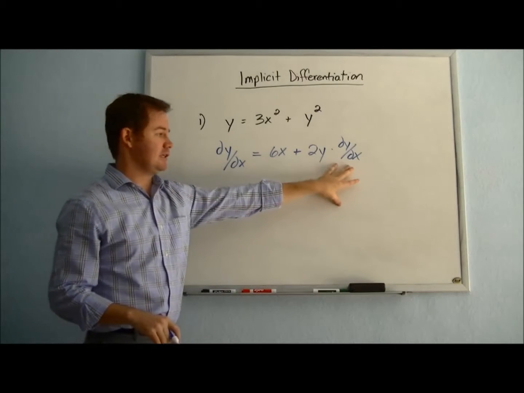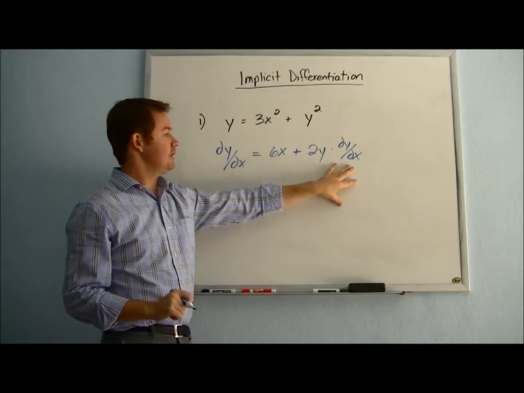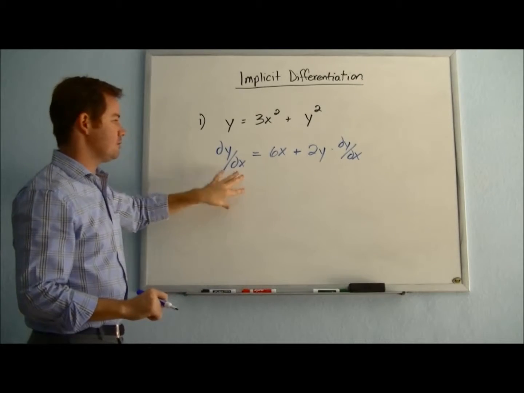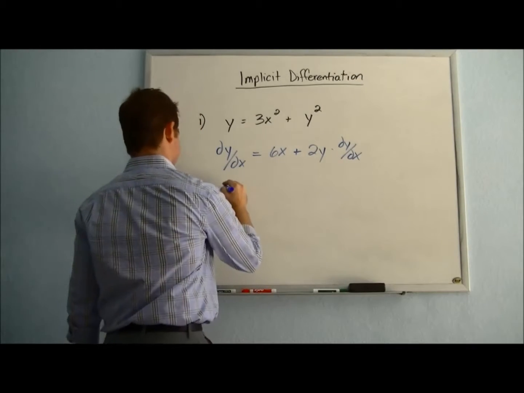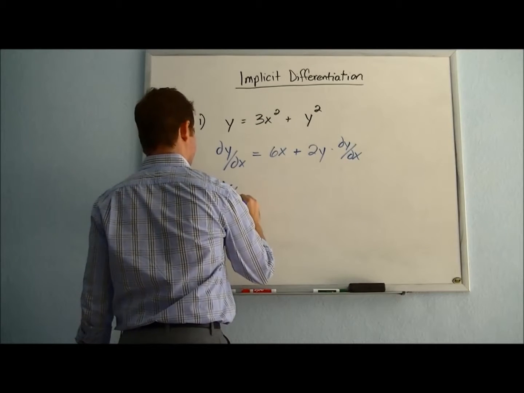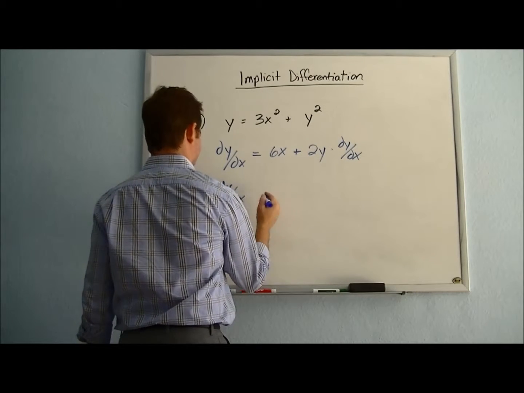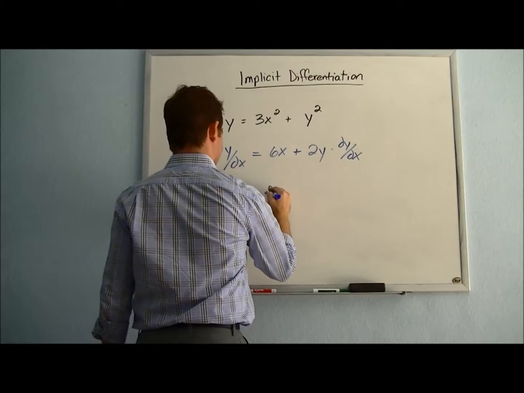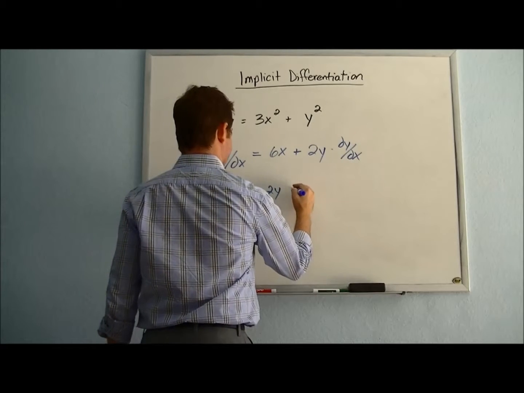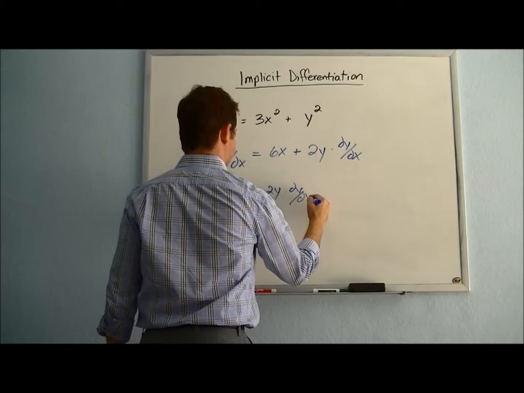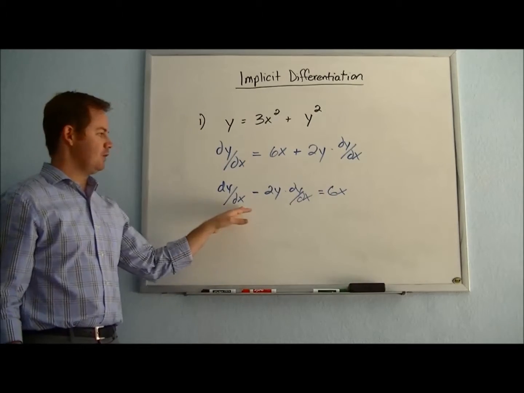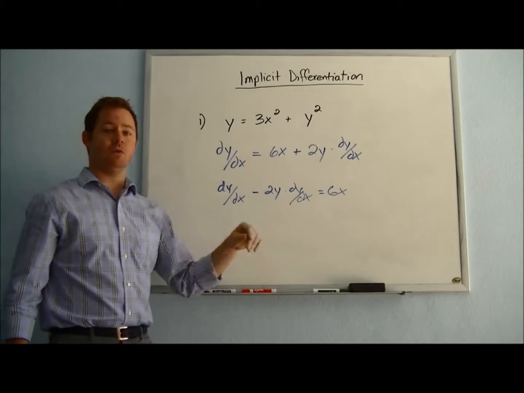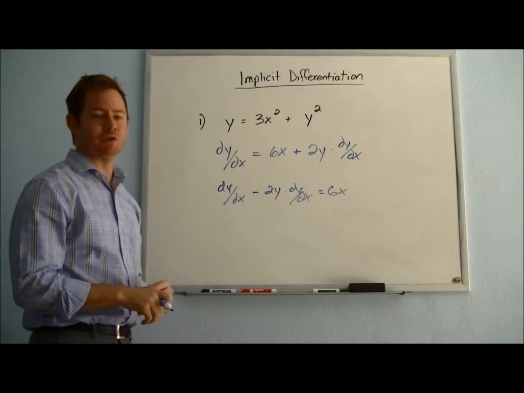Now if we wanted to get dy dx by itself, we could bring these two terms to the same side, which means that you would have dy dx minus 2y dy dx equal to 6x. And then we could factor out a dy dx, which is the derivative we're trying to find.